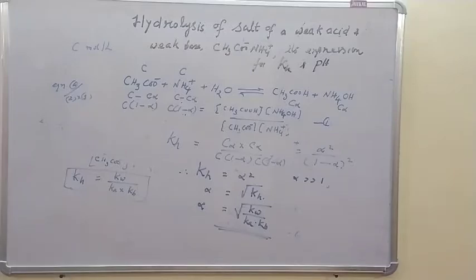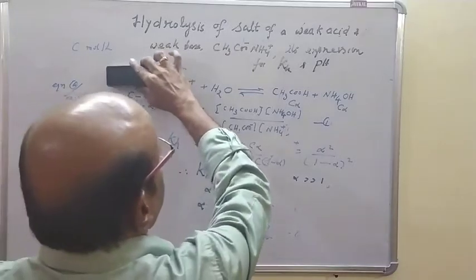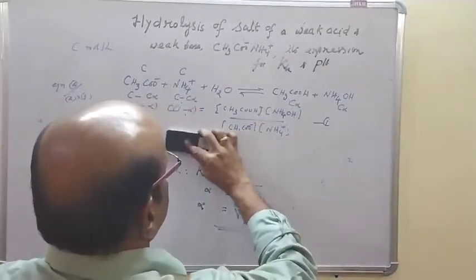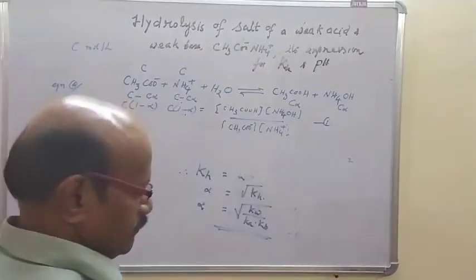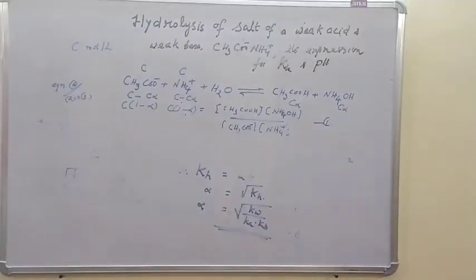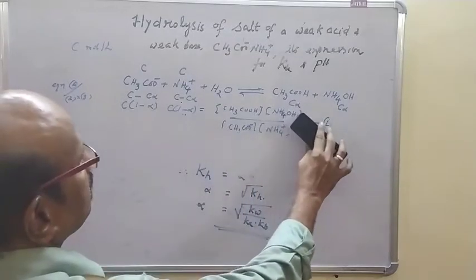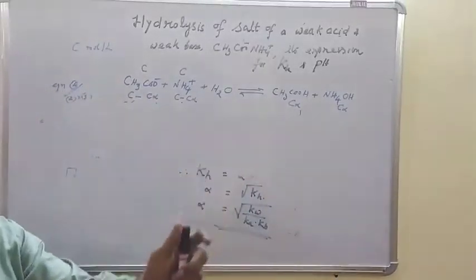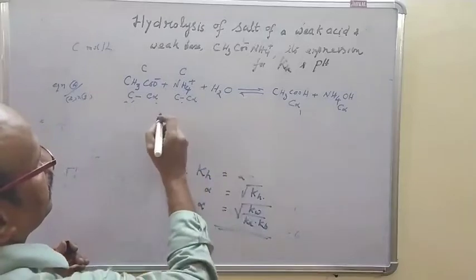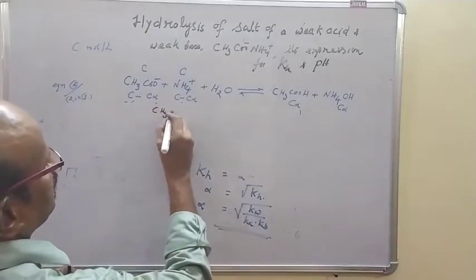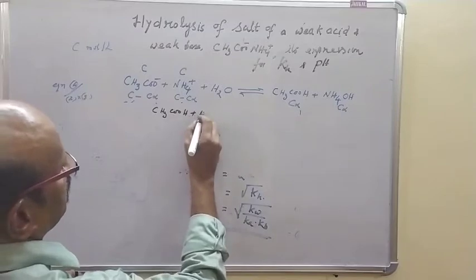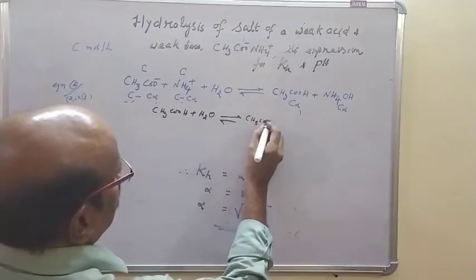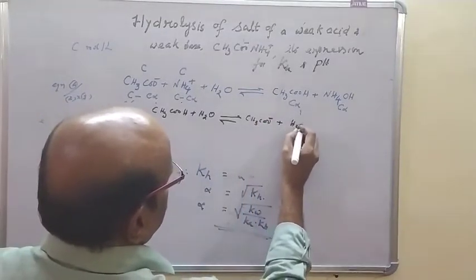Then we have to pass on to the expression for the pH of the solution. Consider this equilibrium, in which we have the weak acid. The weak acid CH3COOH undergoes an equilibrium with water, giving CH3COO minus plus H3O plus.